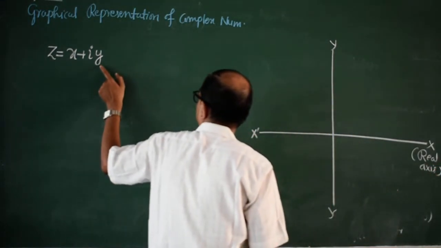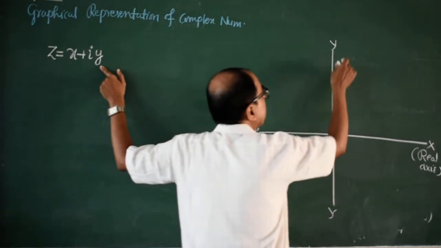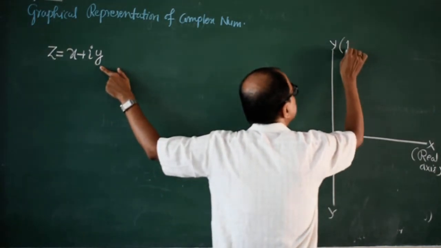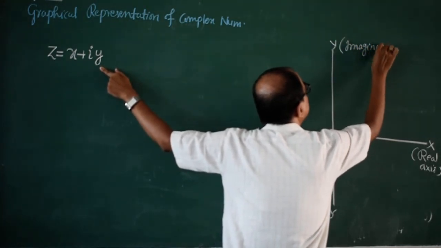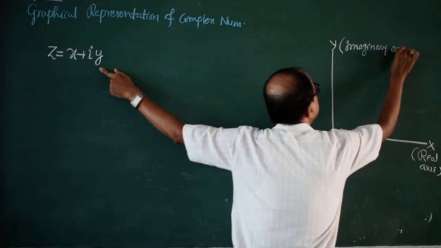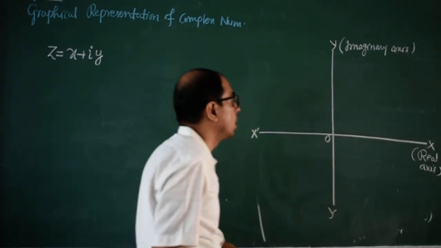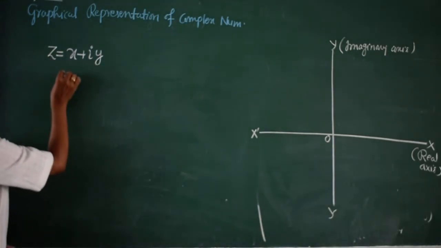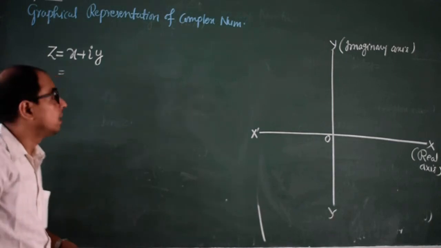And the imaginary part of this complex number is plotted on the y-axis. That's why this axis is called the imaginary axis. Now this is the origin.